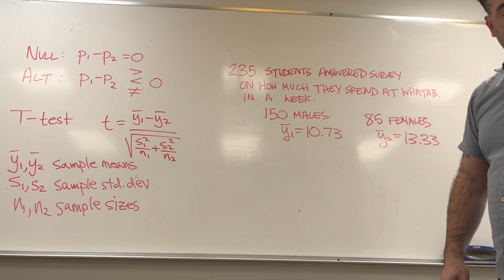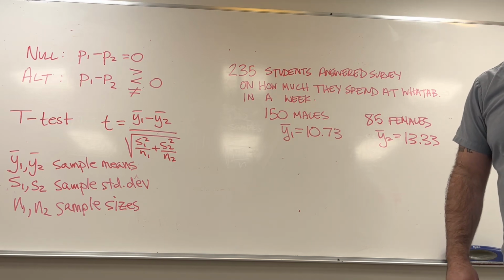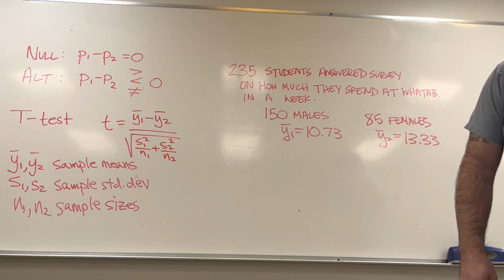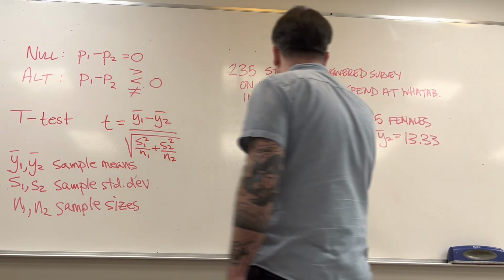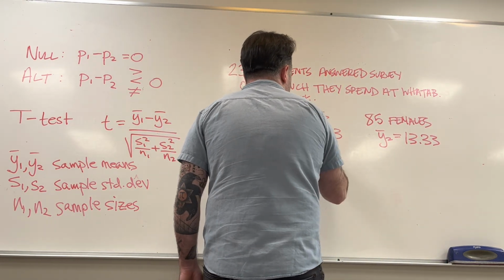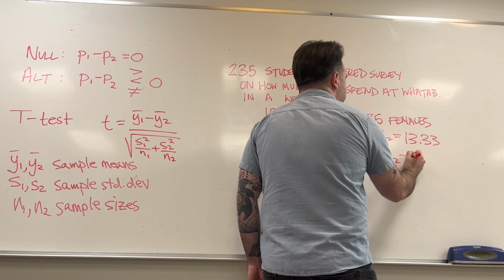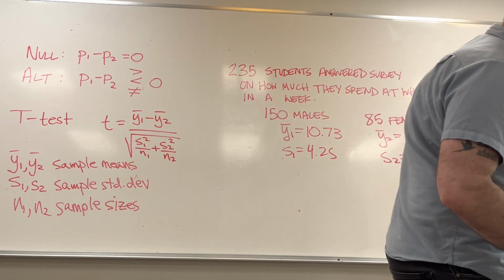Okay, so the standard deviation for our males is given as 4.25, and the standard deviation for our females is given as 4.02.